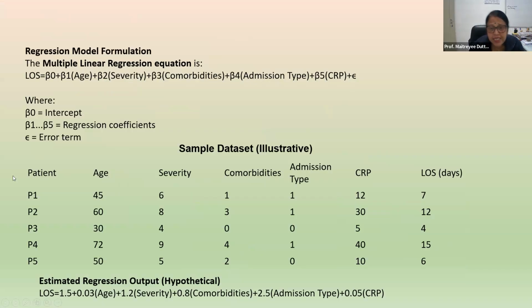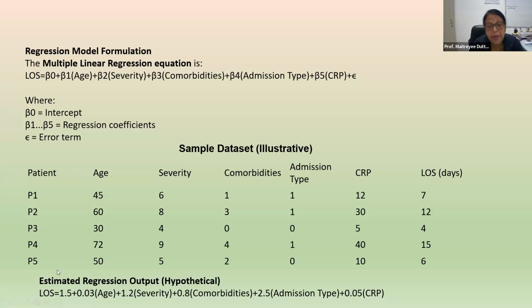So this is the data set before you, right? There are, for example, 5 patients. Similarly, you may have a data set of maybe 40,000 patients. So for 40,000 patients, if you calculate, automatically your model will be much more accurate, right? So here we are only seeing how to calculate, right?